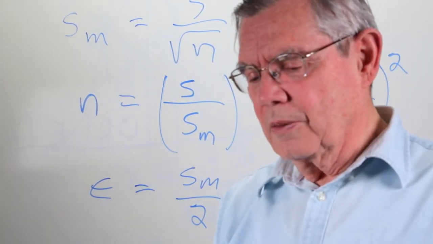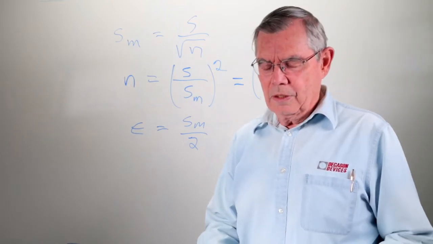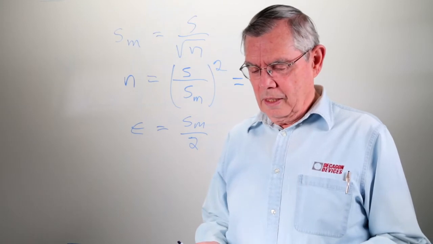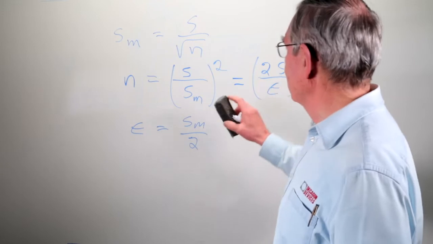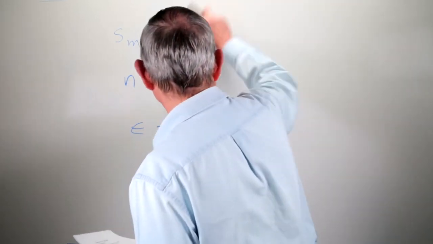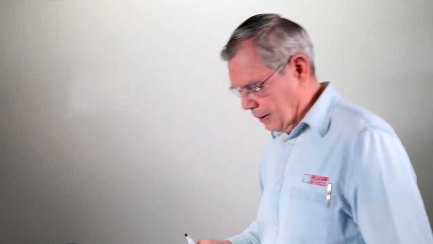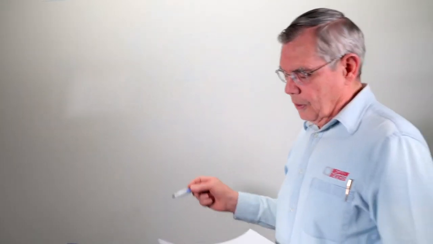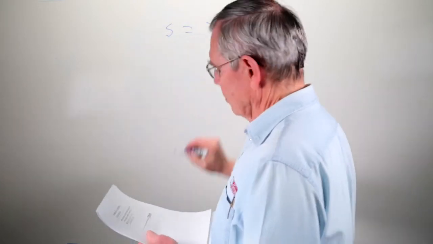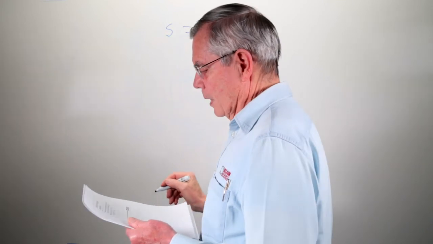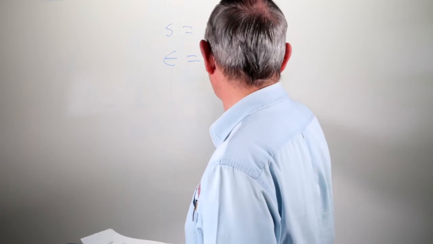So if we work through a little problem with that, how many samples would we need in order to know the water content within 1% if the standard deviation is 3% the way we've assumed? So the standard deviation is 3%. The error value that we want to get to is 1%.